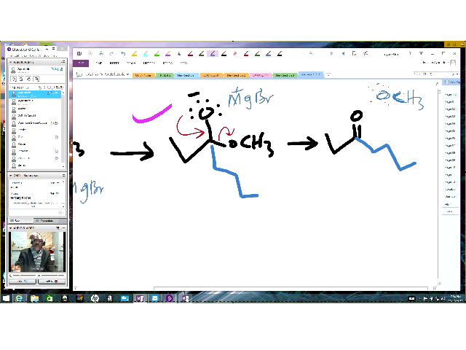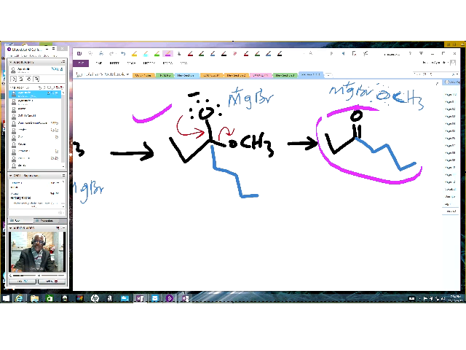Of course, that will be complexing with the magnesium. We don't really need to worry so much about that. So now what we have formed is this ketone.